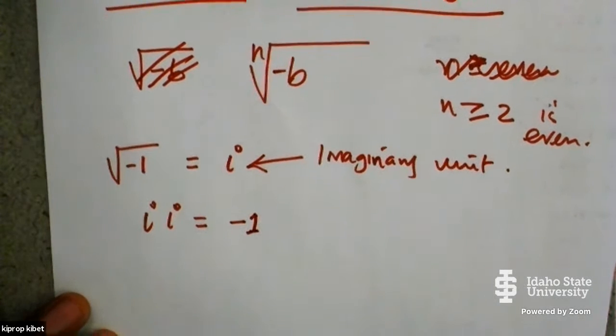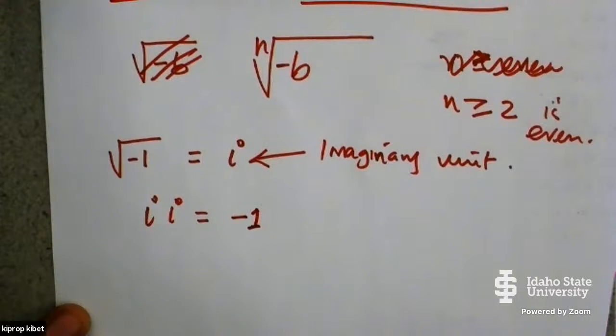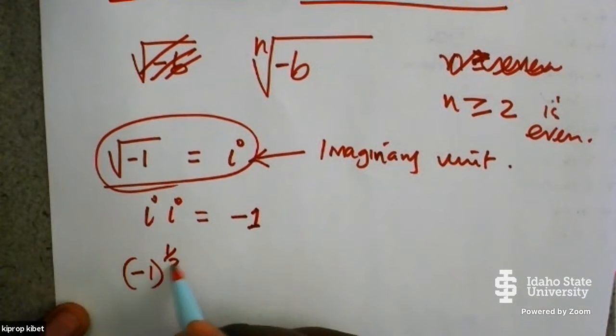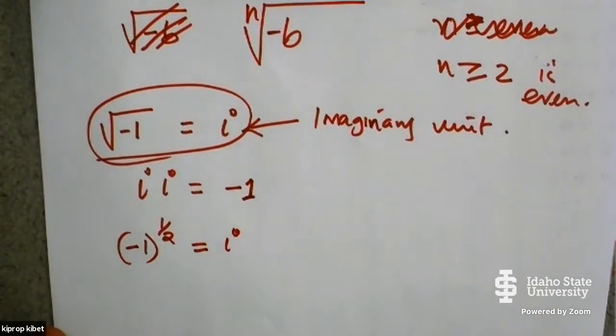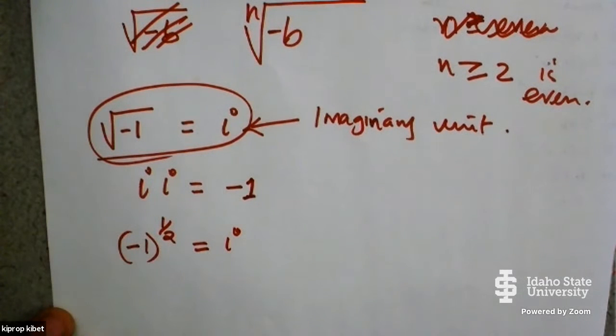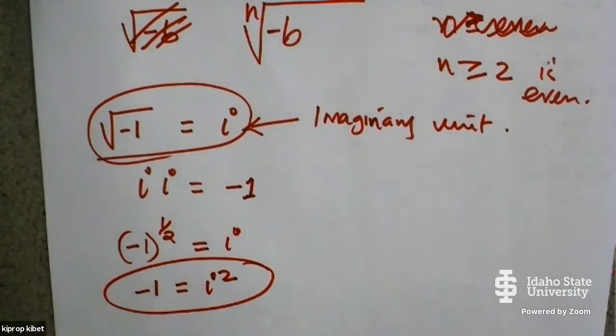It's the same as raising this to the 1/2: -1 raised to 1/2 equals i. If you want to remove this half, we square both sides, so -1 equals i squared. So i squared is equal to -1.